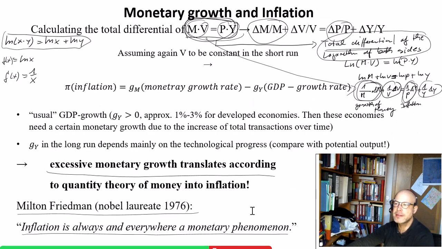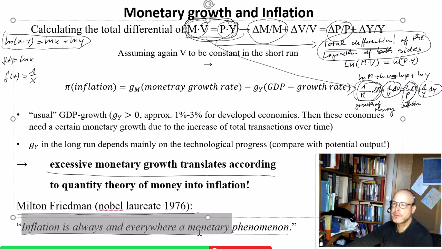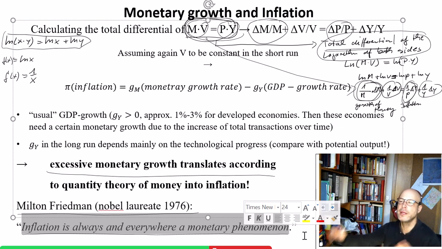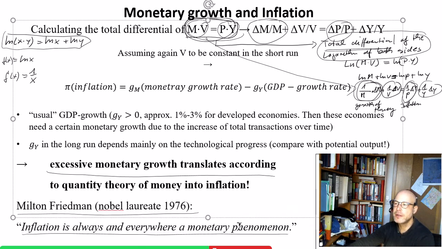If we take this together, more or less we can say we have a one-to-one dependence between money increasing and price increasing, when we also assume that prices could adjust quite a bit faster than our overall economic performance measured in Y. And from this, we had this famous statement from Milton Friedman, a very famous economist, Nobel laureate in the 1970s, and one of the representatives of this more or less strict classical view. He said, well, if we have inflation, please always look at what the money is doing. So inflation is always and everywhere a monetary phenomenon.